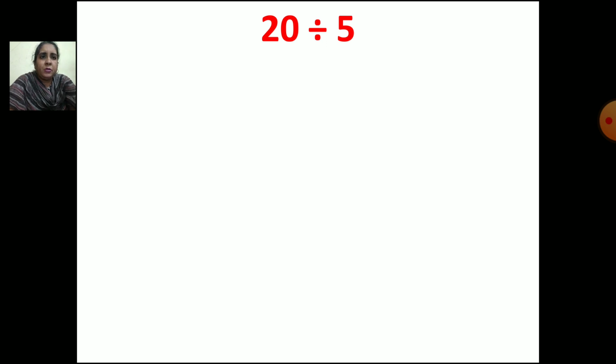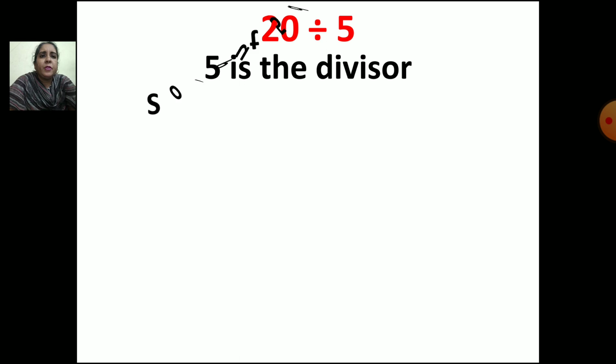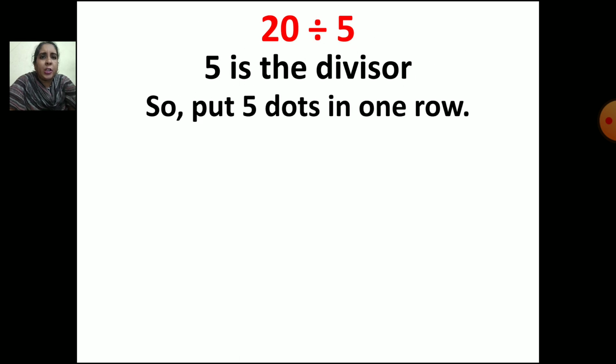So put 5 dots in one row. In each row, how many dots are you going to put? 5 dots. Okay. Now let us start.